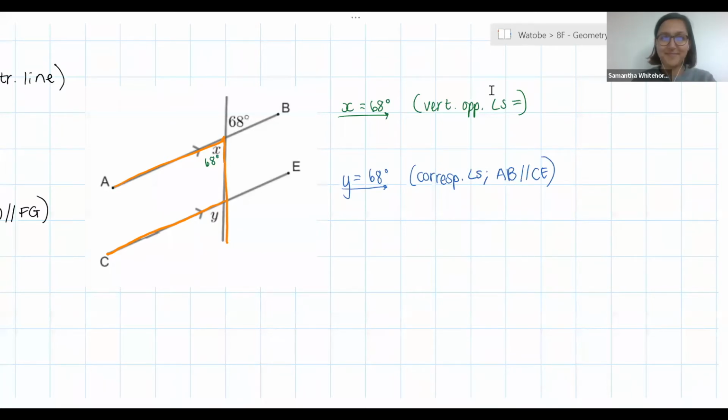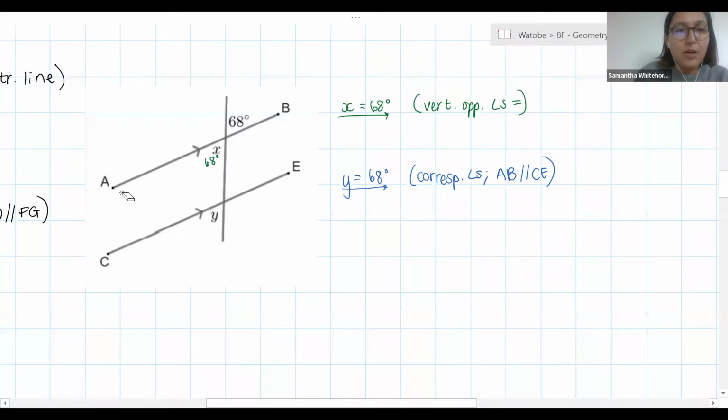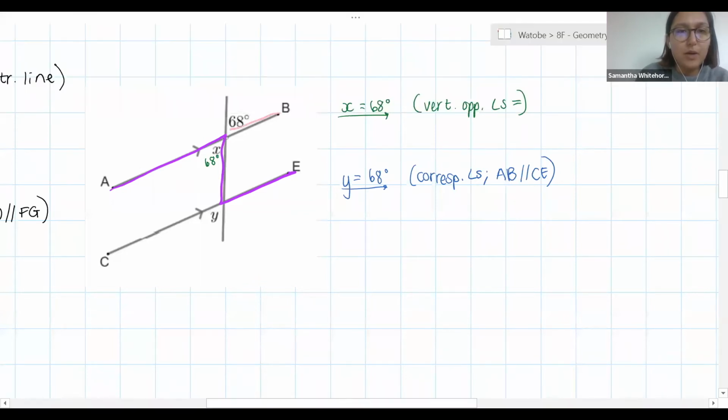Ma'am, can you also say Y is equal to 68 and the reason is alternating angles? So in this case, let me not lie to you, we can't use alternating angles because that would be the Z or the N shape. And if I look at my diagram, the only Z or N shapes that I have are that purple one like that, or this pink one going that way.